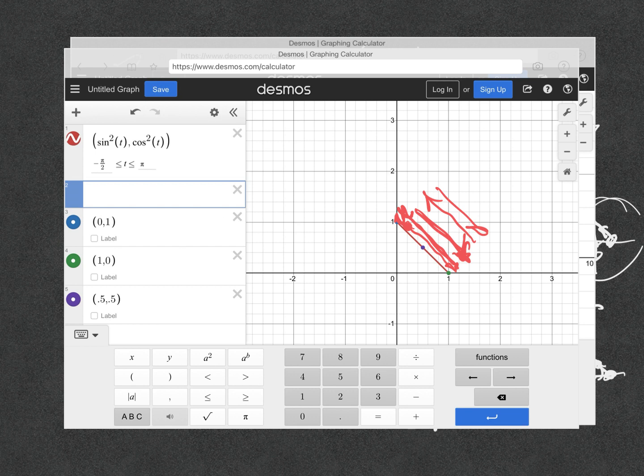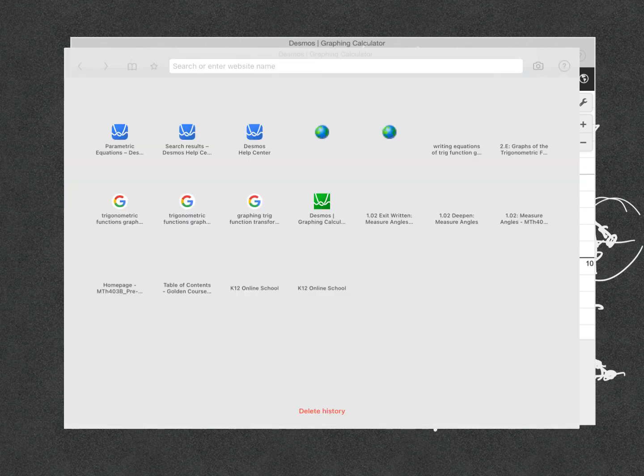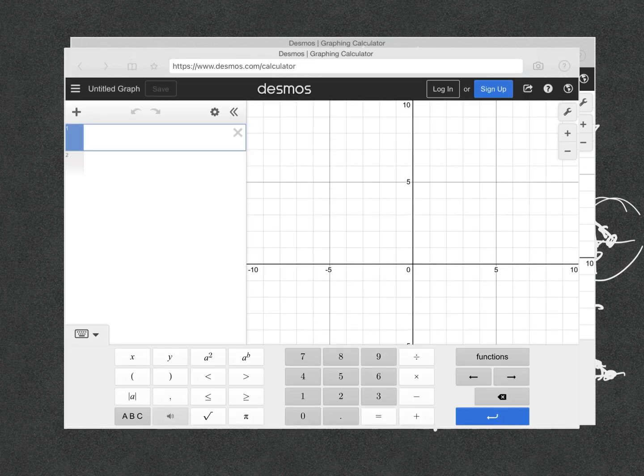Now, let's just do another one here. Let's go ahead and we'll graph another one for kicks and giggles, and let's just make one up. All right, let's say the x value is pretty simple.